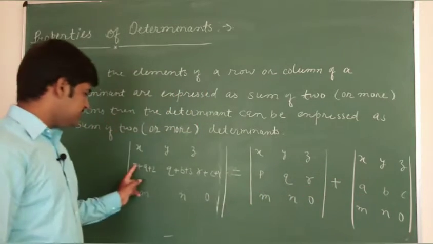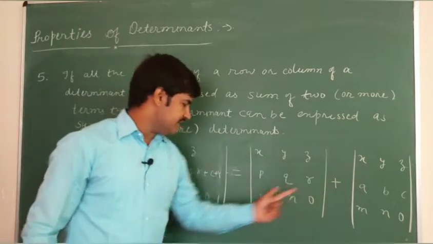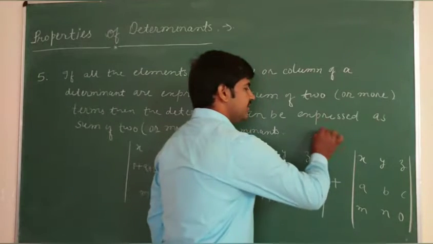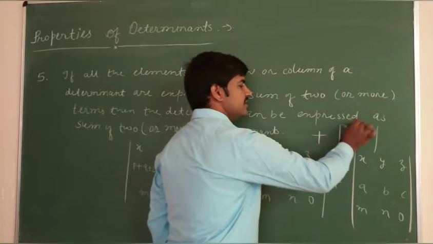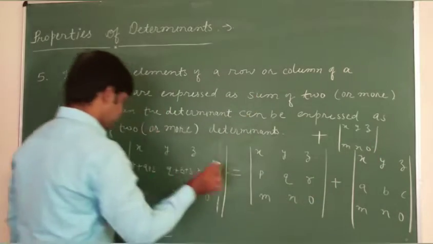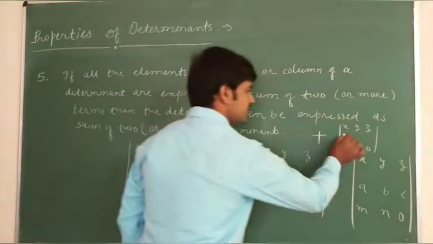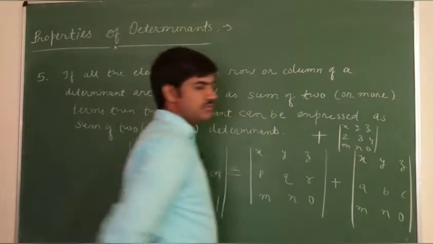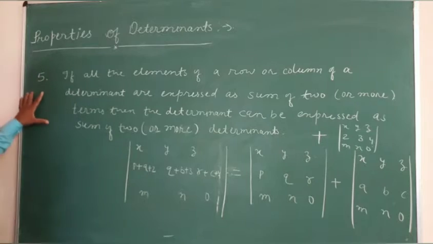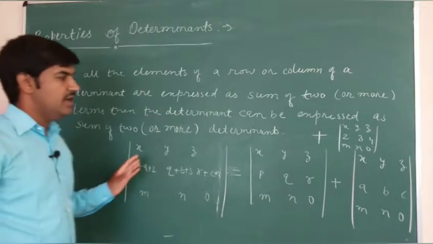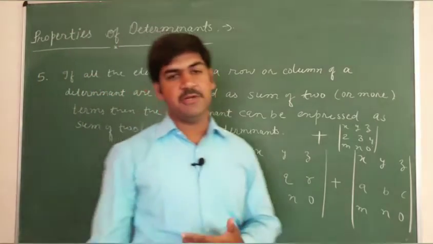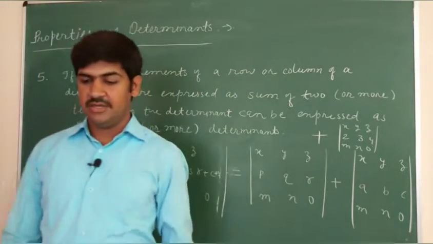First will be this only, as p, q, r are available, and the second will be a, b, c, plus the third will be x, y, z only, and m, n, o only, and here 2, 3, 4. So I am sure you understood now what is the statement of the fifth property of the determinants and how it is used. We will be verifying, students, this particular property by taking some examples. Here we go.